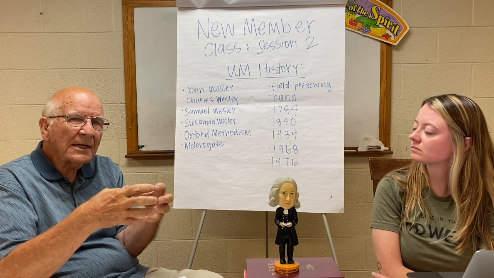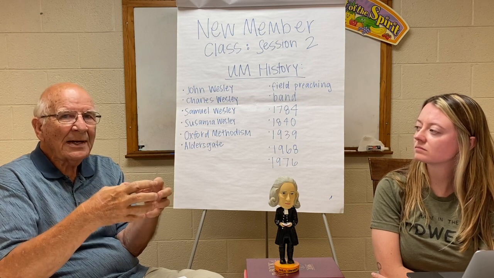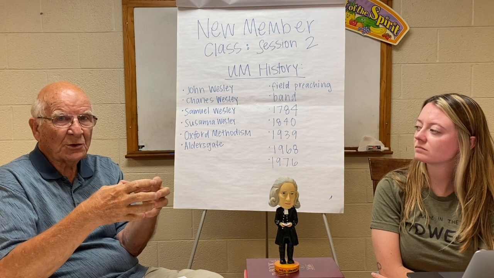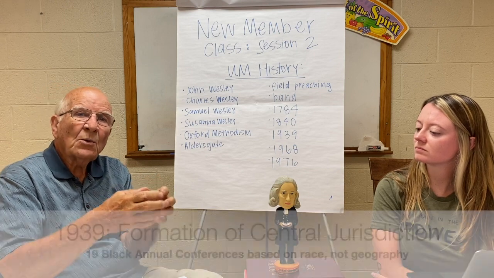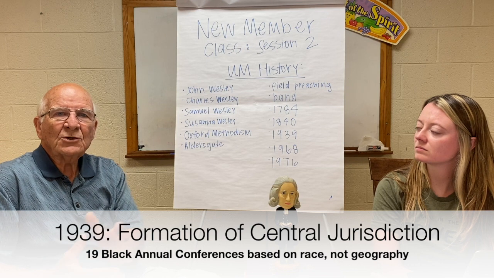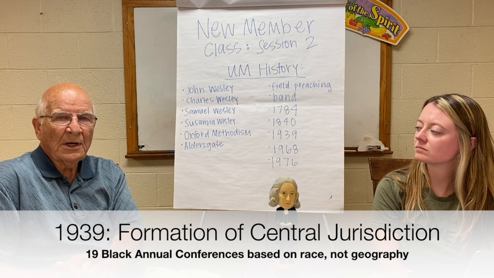But one of the things that happened in 39 was that the ministry among the black constituents in the church at that time was separated out, and a jurisdiction, a central jurisdiction, was formed.